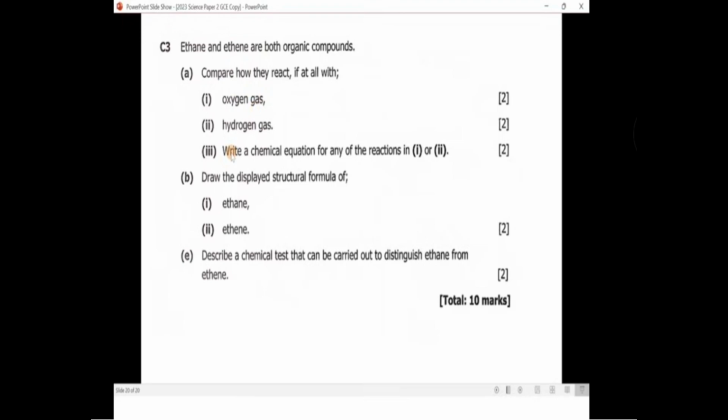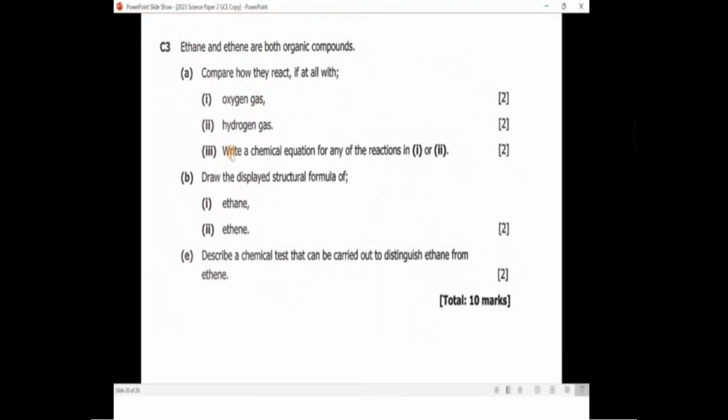The question is asking you to compare how ethane reacts with oxygen gas and how ethene reacts with oxygen gas. Then Roman numeral 2, we are still comparing the two, how each of them reacts with hydrogen gas.